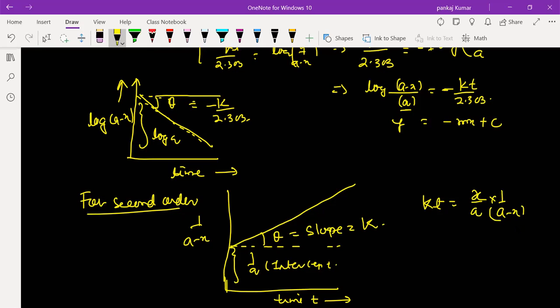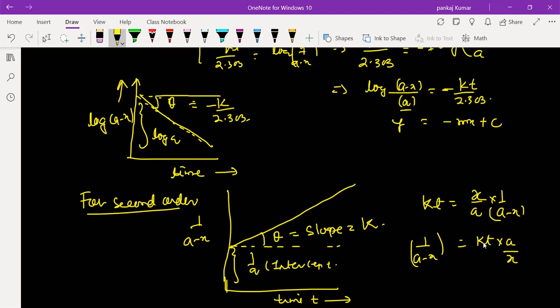So we can multiply by 1 by a minus x, and that is equal to kt into a, right? 1 by a, kt into a and divide by x, isn't it?